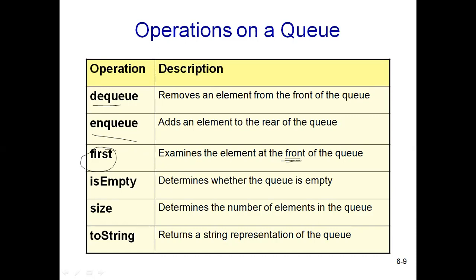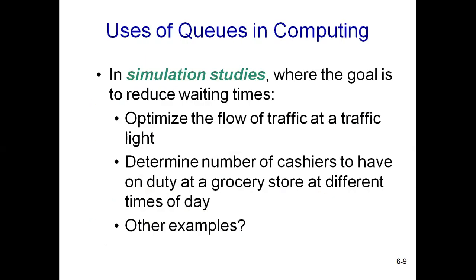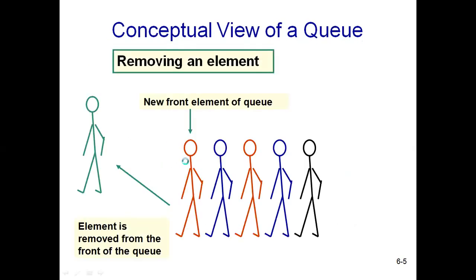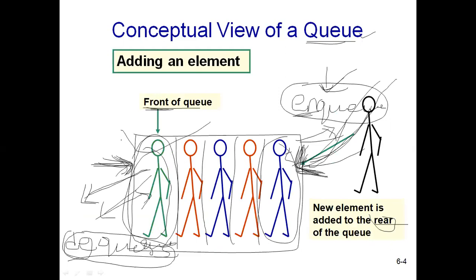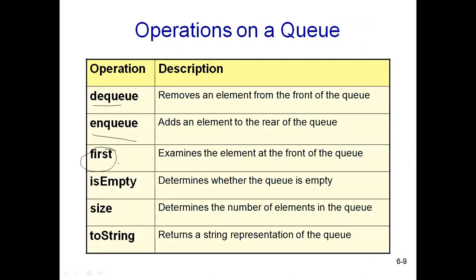In this example, this element is the first element, this is the second, this is the third, and this is the fourth and fifth element. So this is the first element in the queue, and that's why we always remove from the front, the first element only. So that's the first operation: it gives the front element.